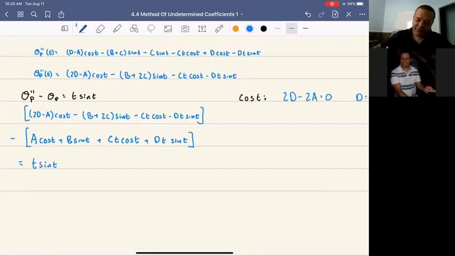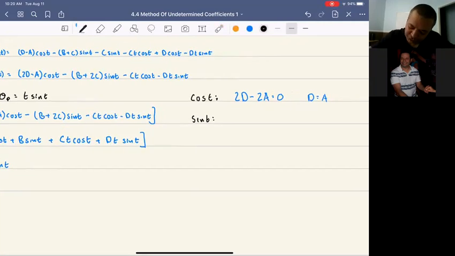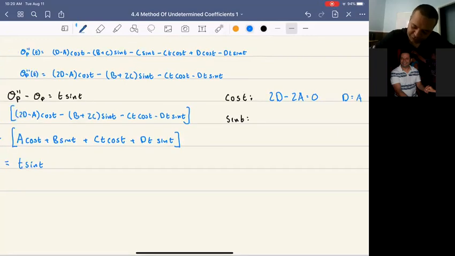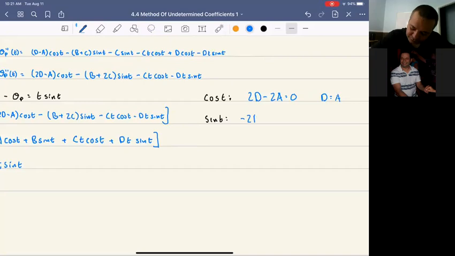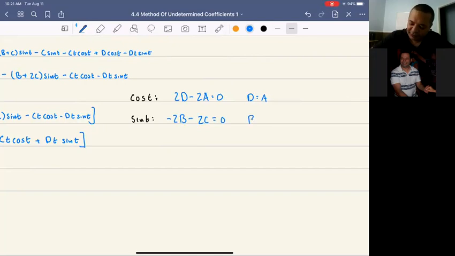Okay, let's do the signs. So I have negative b minus 2c minus b is going to equal 0. So, minus 2b minus 2c equals 0. So b is going to equal c.